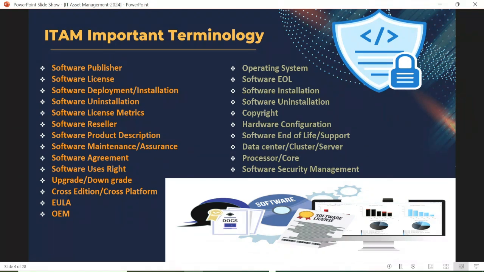So once we're done with that review and we found that software is good to install, there is no risk associated with that software, then and only then we can install that software in our infrastructure. So that security check is very important, which we have to do before installing any software. So that's the importance of security management.